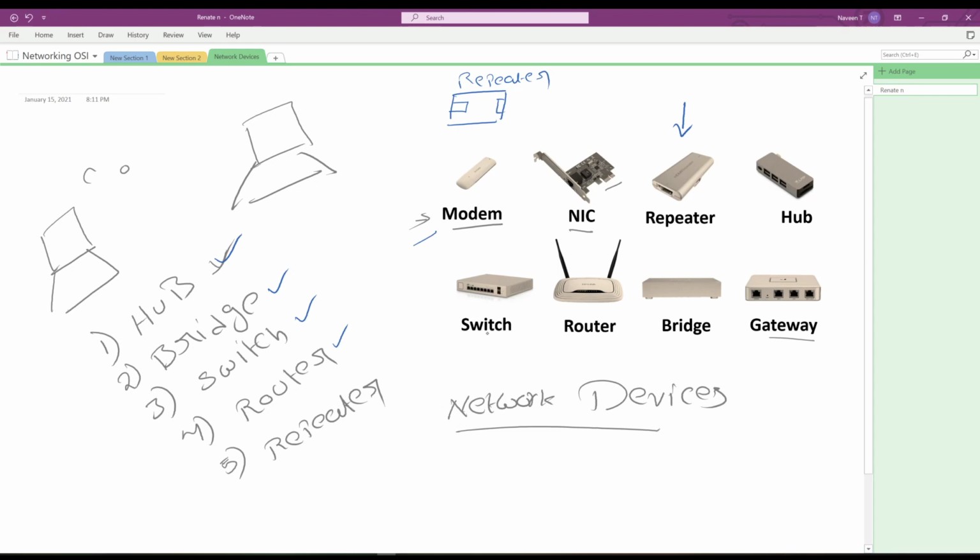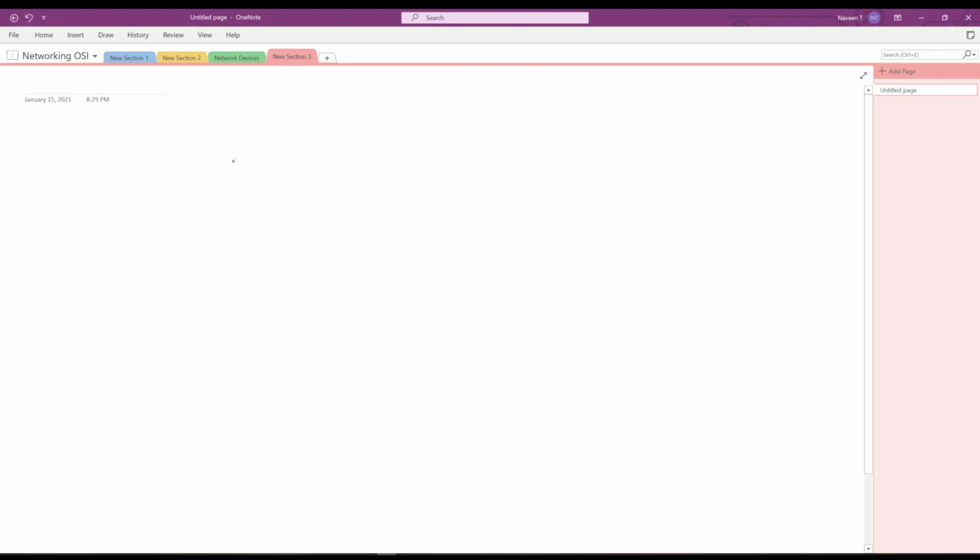Nowadays we don't use hubs and bridges. Our whole network is made up of switches and routers, which I'll explain. And when do you use a repeater? Let's say you have a very big office.